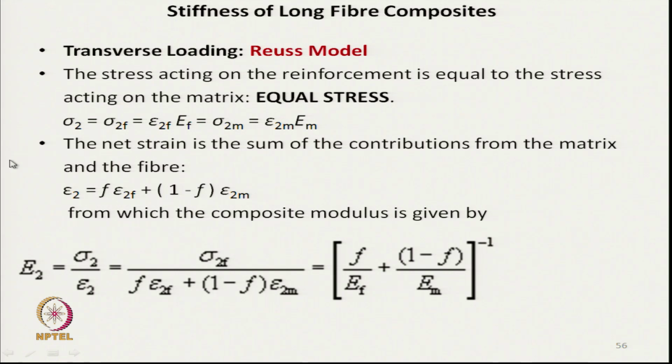And from here we can derive the initial modulus of the composite in the transverse direction, given by the relationship f by E f plus 1 minus f by E m, to the power minus 1. So, this we can derive.